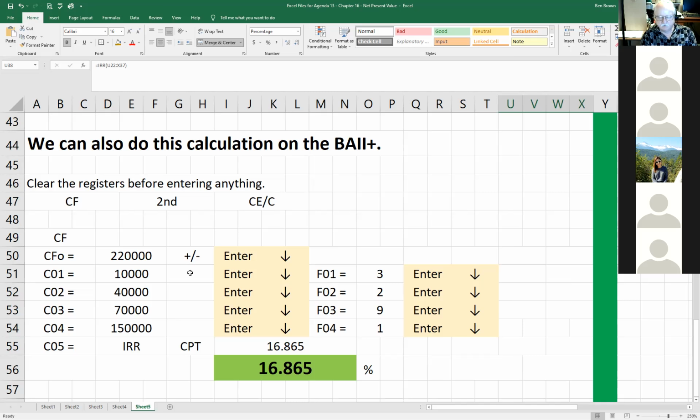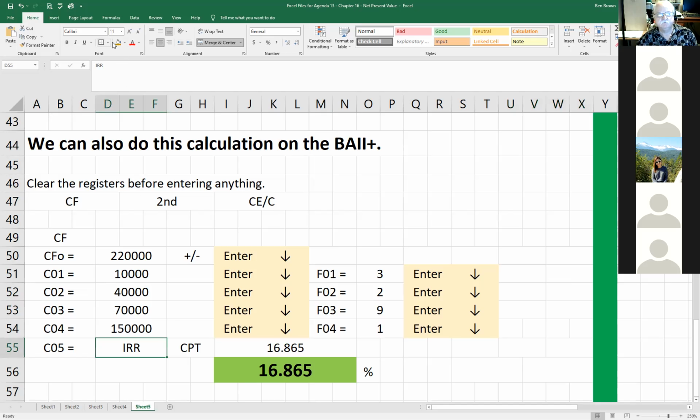And now we're looking at cash flow 5, which doesn't exist. So we have to press IRR. Takes a little while to think about it. Either that or my computer has died.